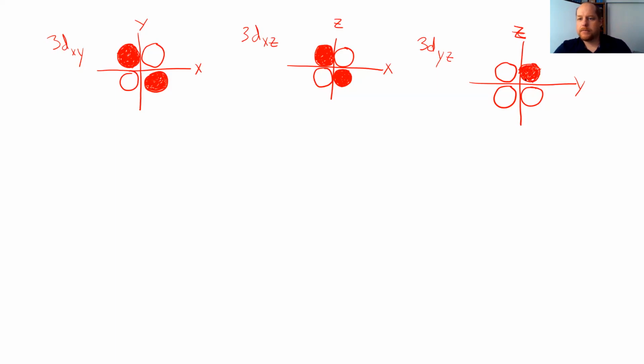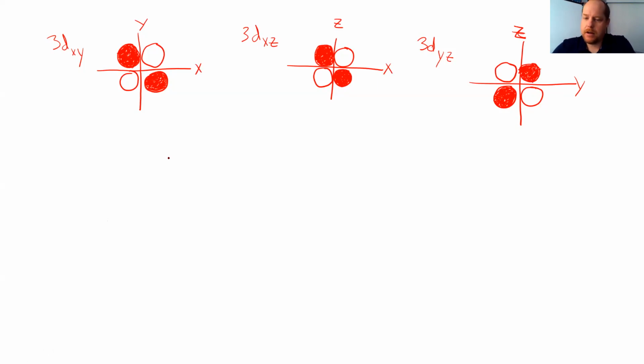Okay. All right. And so those are three of the five 3D orbitals.